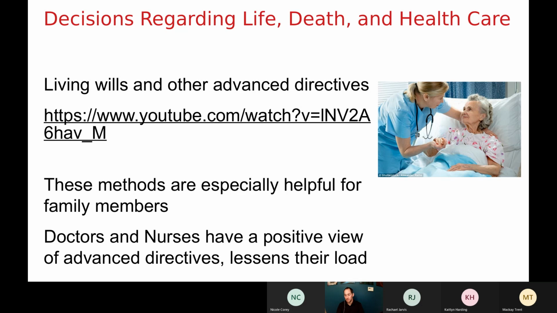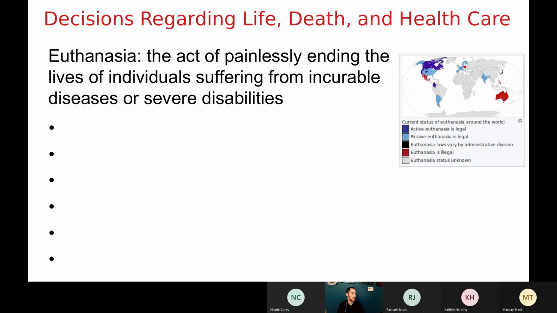If the doctor thinks this life-saving procedure would work, but the person has not consented to have that done, they don't do it. And that was that person's choice. I mean, it's still probably not easy for the doctors or nurses watching people die, but at least they know this was that person's choice. They're being respectful of that person's wishes. So it's very helpful for family. It's very helpful for healthcare professionals.